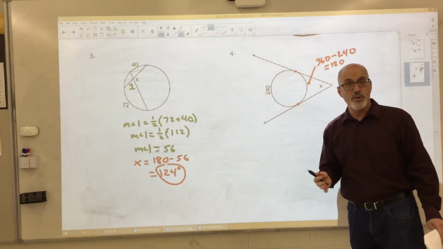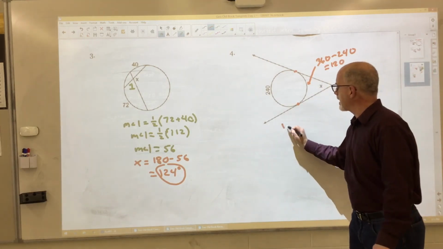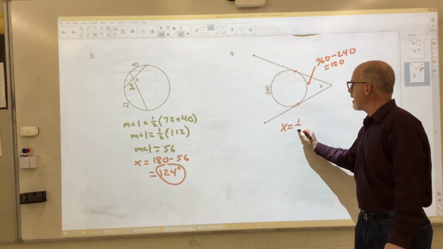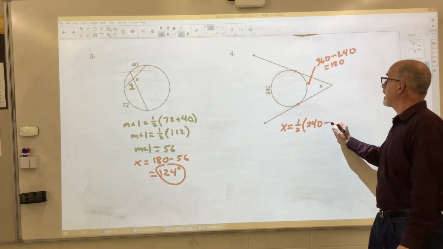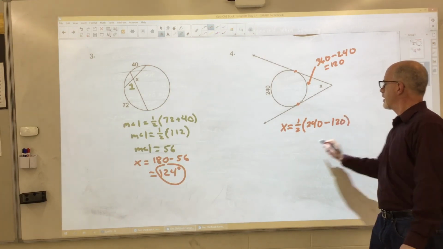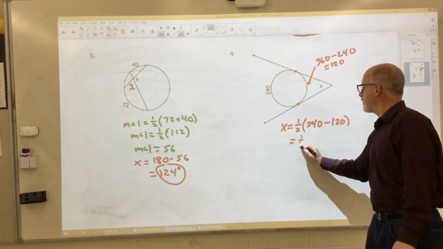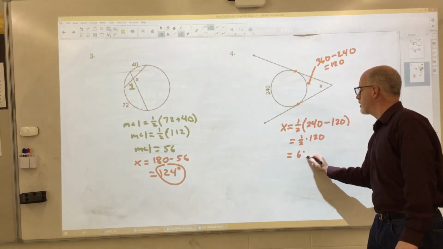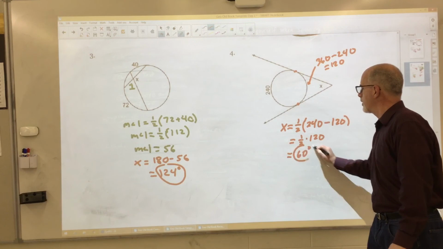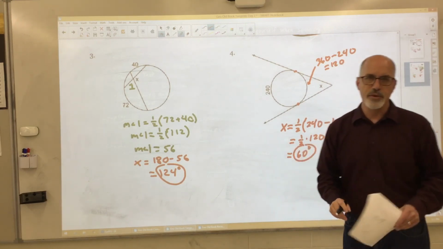So I now know both arcs, so x equals 1/2 the difference of the arcs, the larger one minus the smaller one. That gives me half of 120, which equals 60 degrees for that angle. So that's how you find that one.